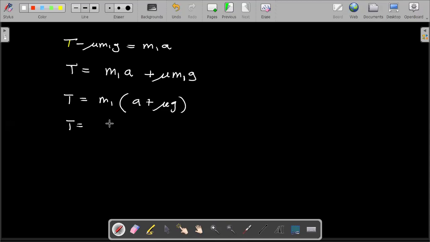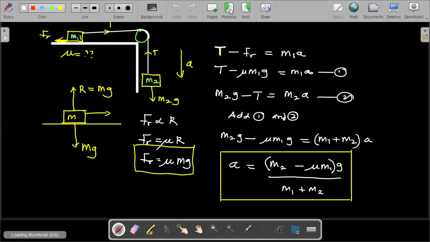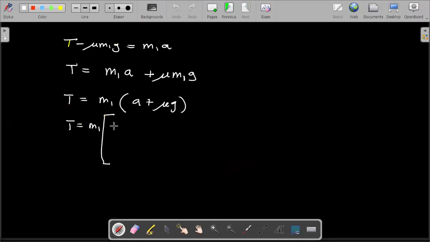So we have our M1, let's use a bigger bracket here, then our acceleration, which is M2 minus mu M1G all over M1 plus M2, then we have addition with mu G.